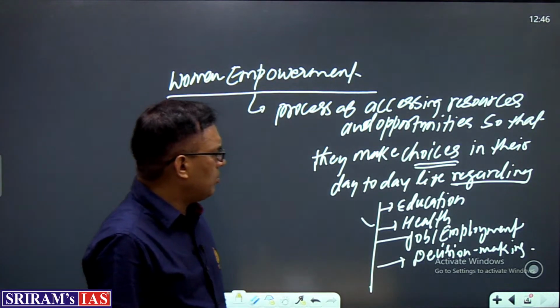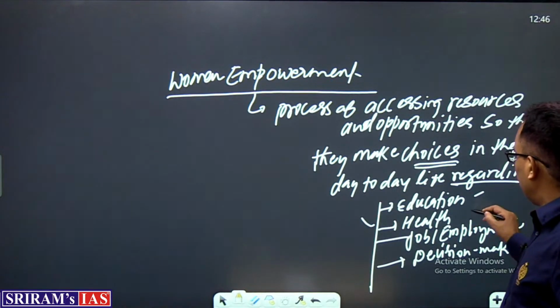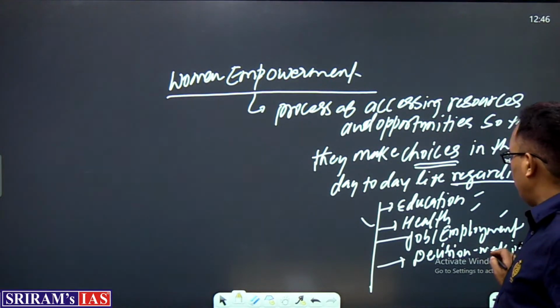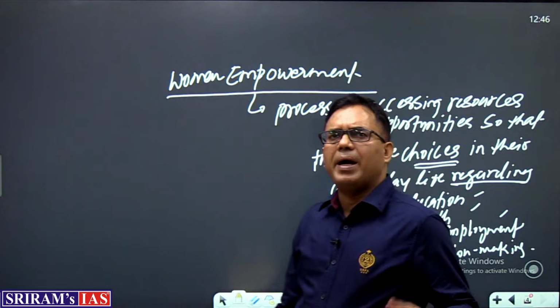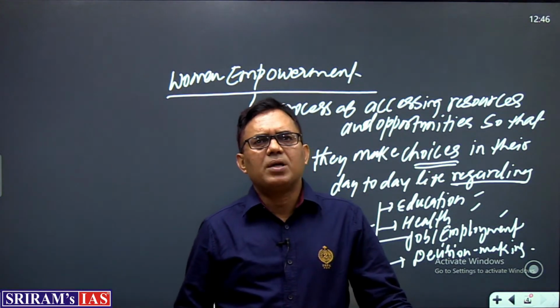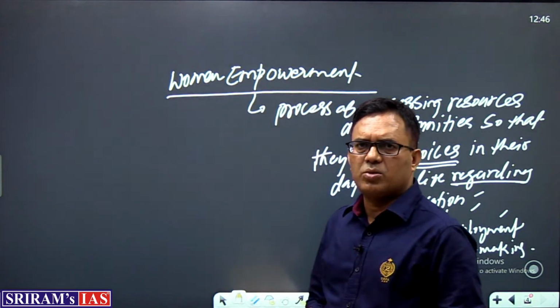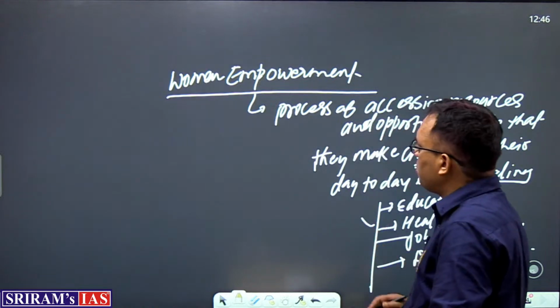Resources and opportunities to the women so that they can make choices in their life with regard to their health, education, employment, decision making. Regarding these matters, even now a significant part of women in our society are not able to take decisions, but decisions are taken by someone else, right? So this concern is very important.